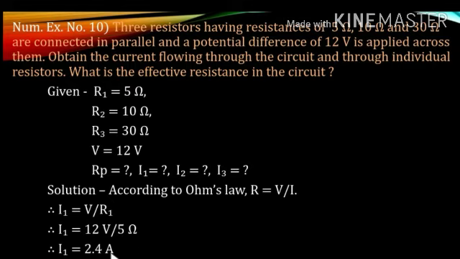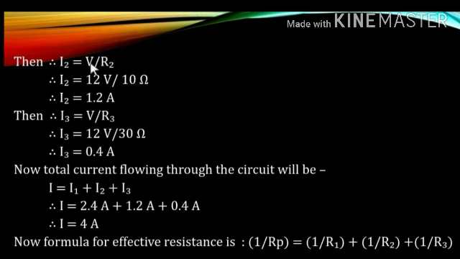Current flowing through the first resistor is 2.4 ampere. Next, I2 is equal to V divided by R2. Again, potential difference V, that is 12 volts, divided by R2 is of 10 ohm, and then I2 is equal to 12 divided by 10 is equal to 1.2 ampere. That means current flowing through the second resistor is of 1.2 ampere. Then I3 is equal to V divided by R3.